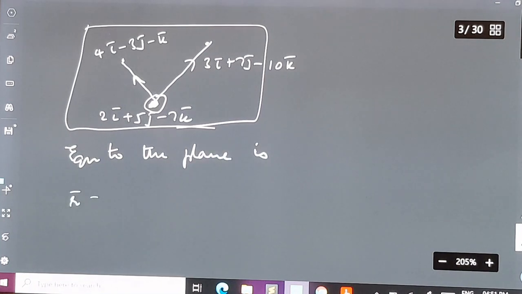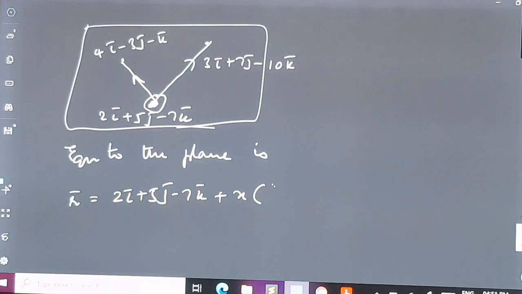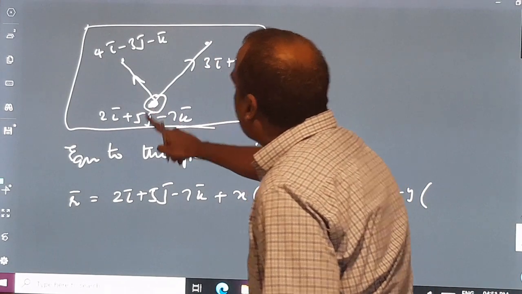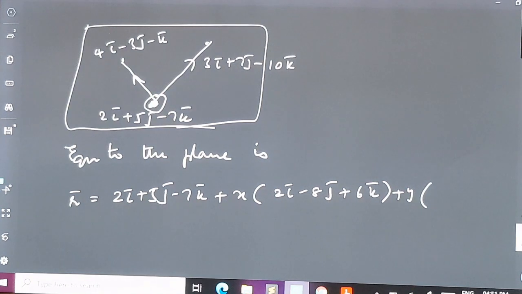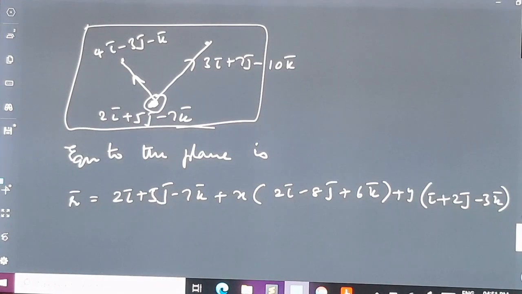is r bar is equal to point a bar 2i bar plus 5j bar minus 7k bar plus x into one vector. I take this vector, which is nothing but 2i bar minus 8j bar plus 6k bar, plus y into one more vector. I make this vector, which is nothing but i bar plus 2j bar minus 3k bar. And now that is equation to the plane.